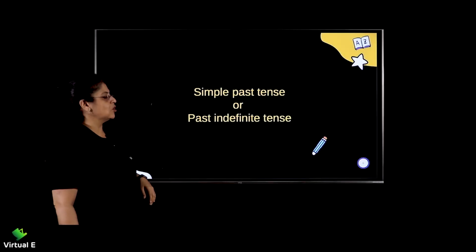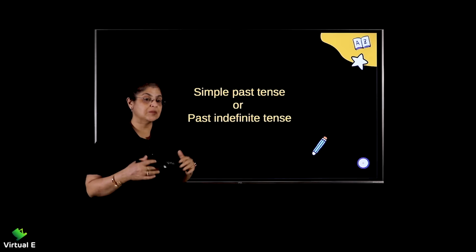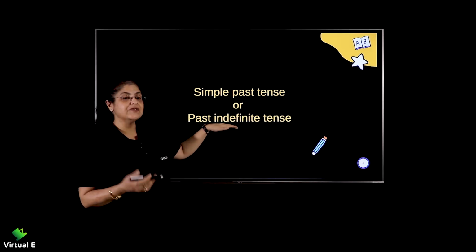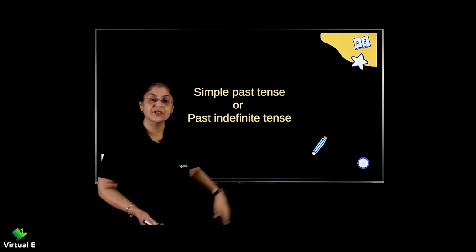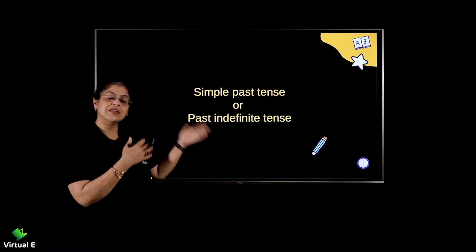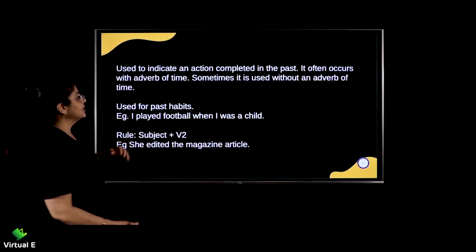Simple past tense or past indefinite. You remember when we did the present, also we had the present indefinite. So likewise, indefinite is like simple itself. So simple past or past indefinite tense. Now these are talking of actions which have already got over, right? And remember, past generally takes time.